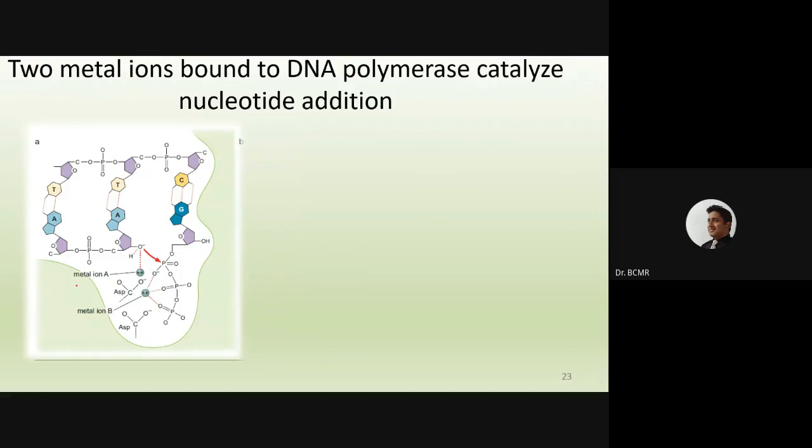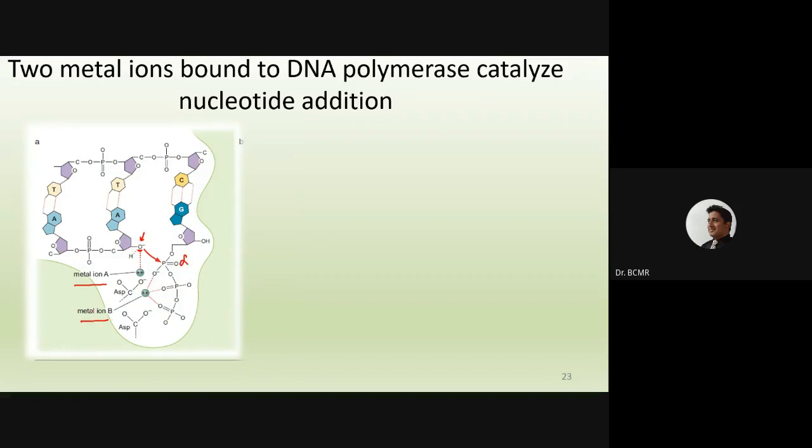We also discussed metal ion A and metal ion B. Those two are important for the generation of the oxyanion. Metal ion A will deprotonate, because of which it becomes an oxyanion and makes a nucleophilic attack on the alpha phosphate.